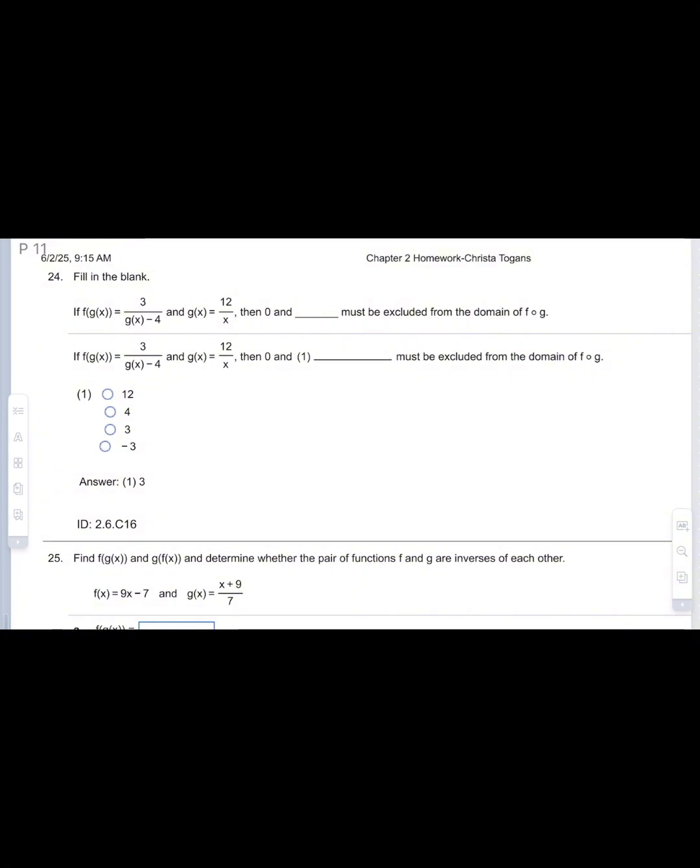And then for this one, just follow your example. But basically what you're doing is you are substituting in the number for x and seeing if that would make the denominator 0. And if it does, then that is your answer. Okay? G of x cannot be equal to 4. So that means that 3 must be excluded.